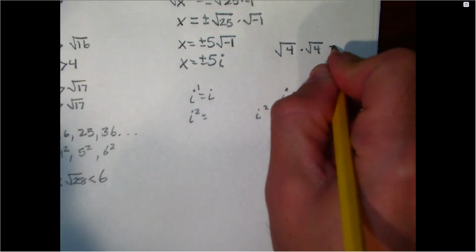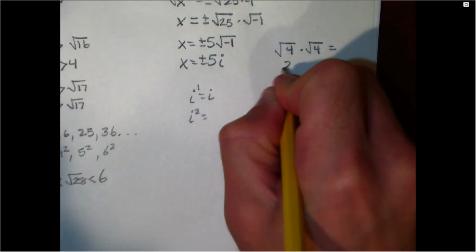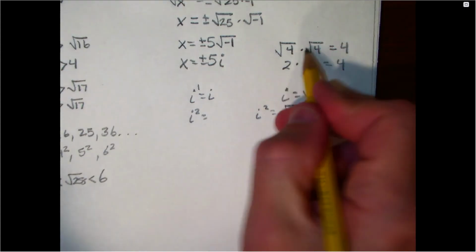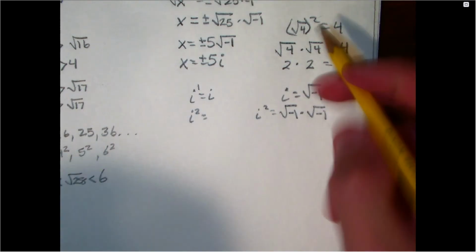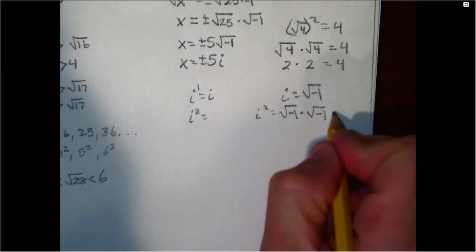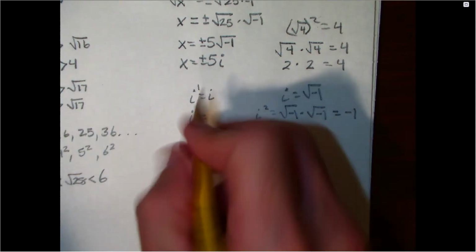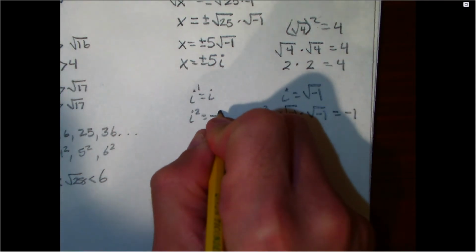Well, that's going to be 2 times 2, so that's going to be 4. And we covered that already, because the square root of 4 times the square root of 4 is just the square root of 4 squared, and the square root of 4 squared is 4, because these are opposite operations. They cancel each other out. So if I have the square root of negative 1 times the square root of negative 1, that's going to be negative 1. So i squared is negative 1.